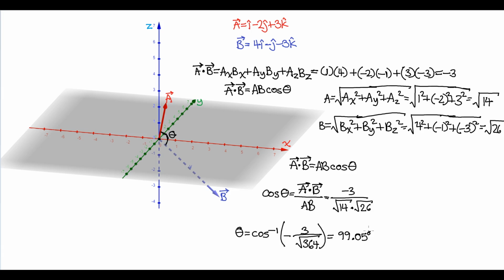So here's one quick aside: a quick way to check if two vectors are perpendicular is that if A is perpendicular to B, then A dot B is 0. Because if you reverse that process and try to find theta when A dot B is 0, the inverse cosine of 0 will always be 90. So if A is perpendicular to B, then A dot B is 0.